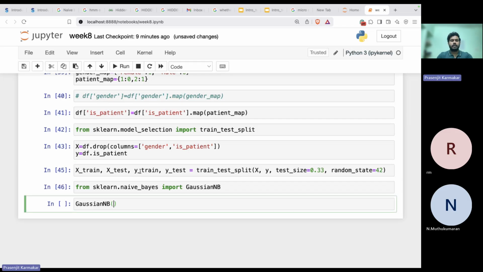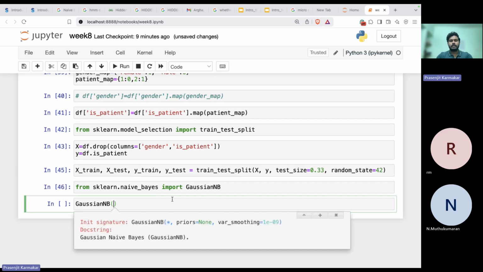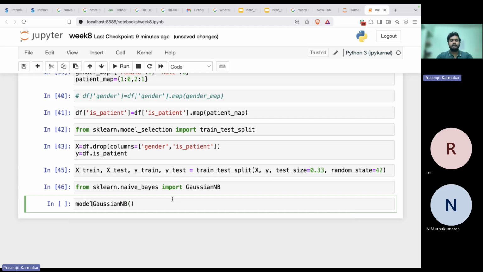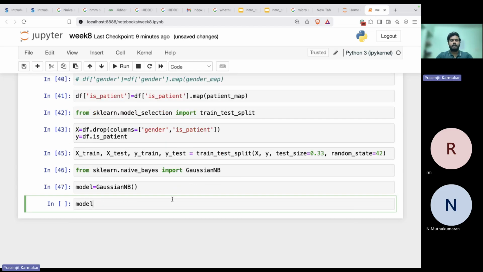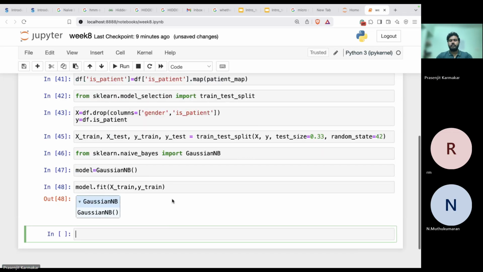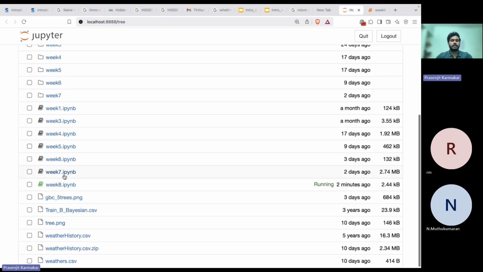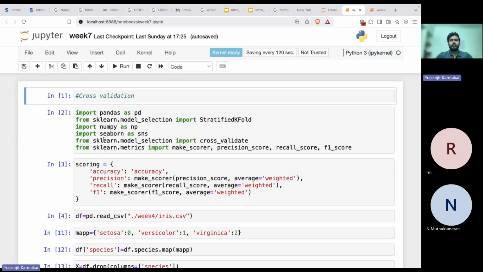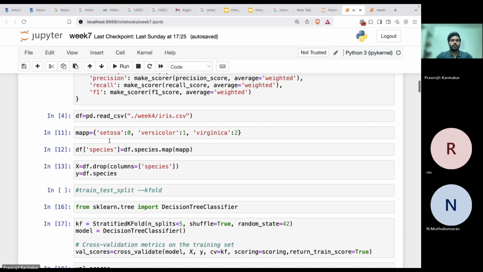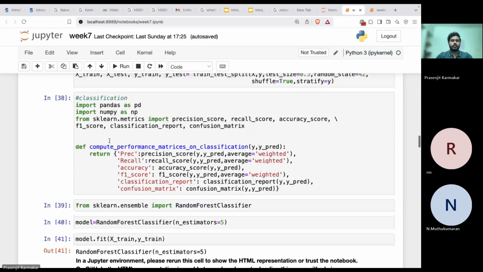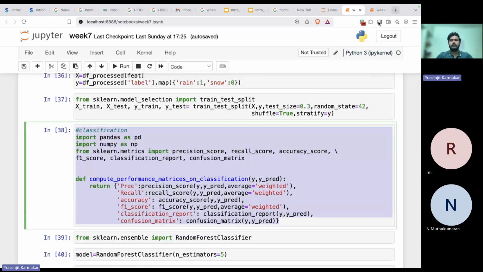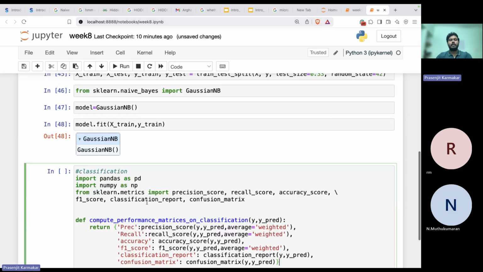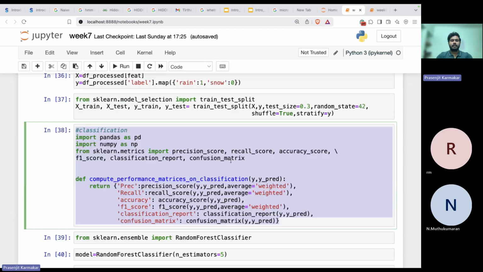Again, now the model doesn't take anything. Model.fit on X train, y train. It's fitted. Now how can I compute its accuracies? I can just copy it from here, the function we used to evaluate the classification.